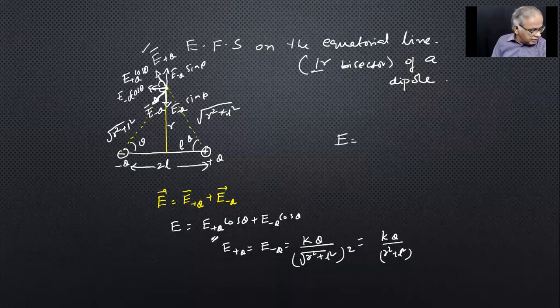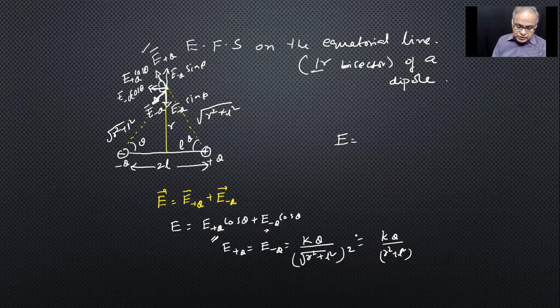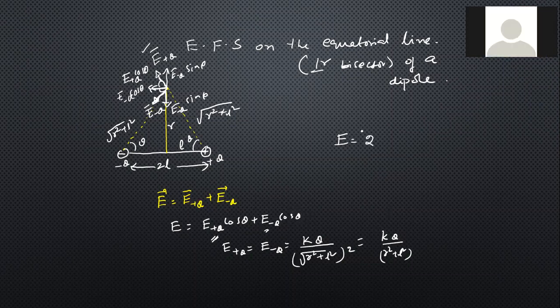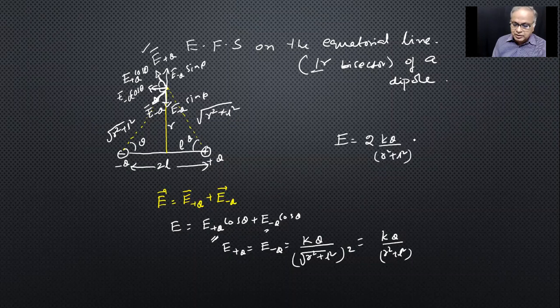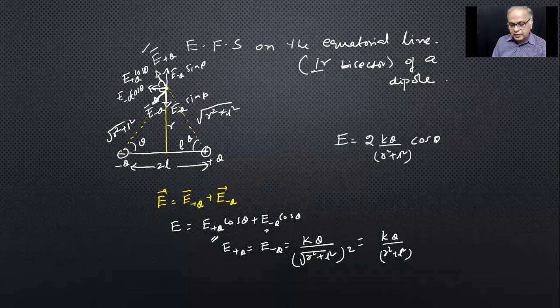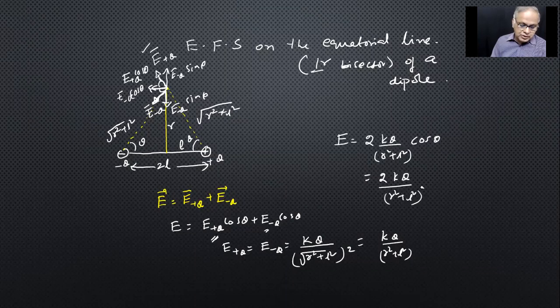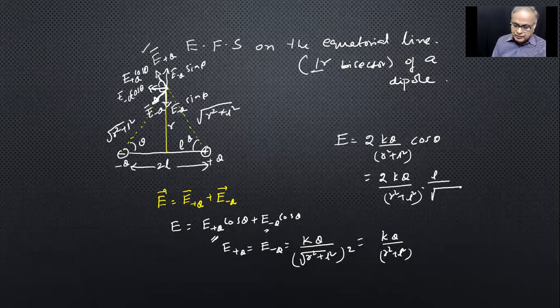Both magnitudes are same, so it will be 2E cos theta, so 2 into kq by r square plus L square into cos theta. Let us write cos theta also, so that everything comes in distance form. Cos theta will be L by root of r square plus L square.